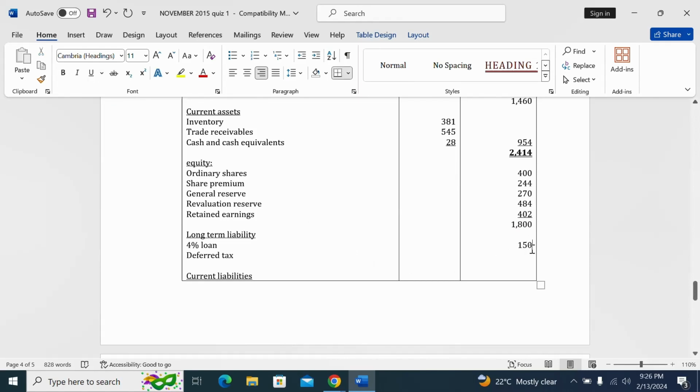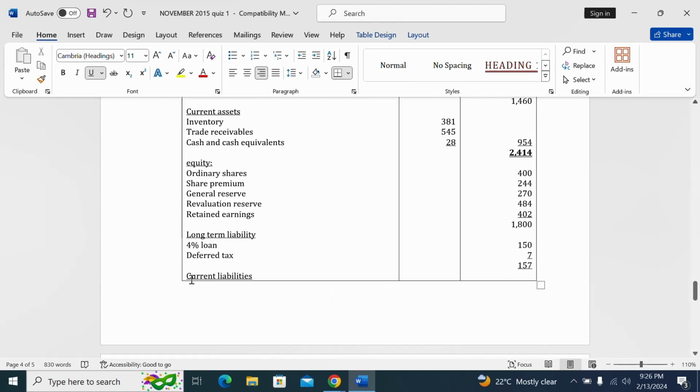Then the deferred tax, that was 7 million. Therefore, the total of your non-current liability, or what we call long-term liability, is 157 million.